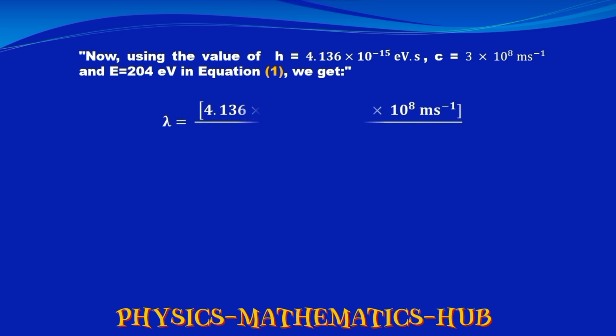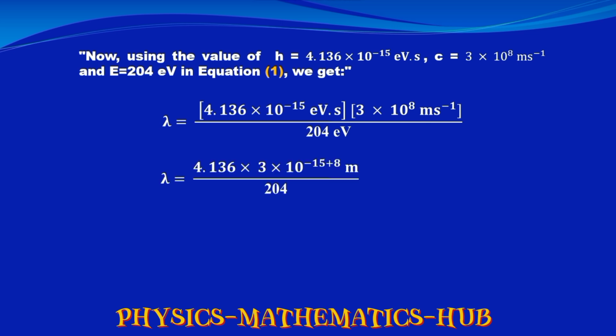which is the excitation energy for the beryllium atom. Now, using the value of Planck constant, speed of light c = 3 × 10^8 meter per second, and excitation energy E = 204 electron volt in equation 1, we get lambda equal to Planck constant multiplied by speed of light divided by the excitation energy.